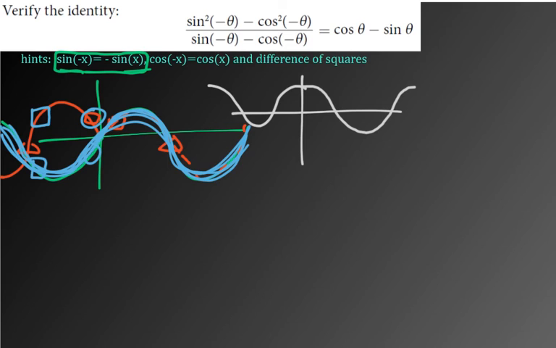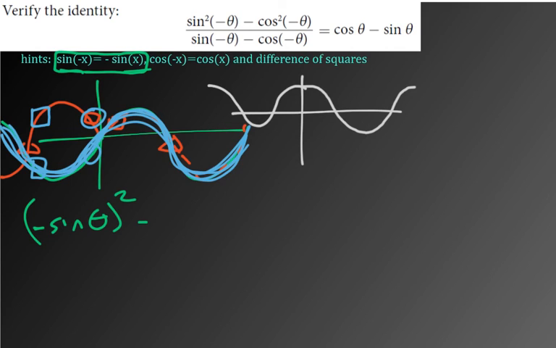So I'm going to work with this side, simplify it, and get to this simpler side over here. I'm going to start off by taking all of this stuff and just using these facts with sine and cosine. That first one, we are squaring sine of negative theta, and sine of negative theta is negative sine of theta.